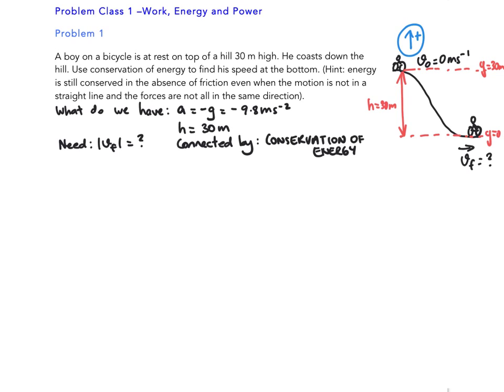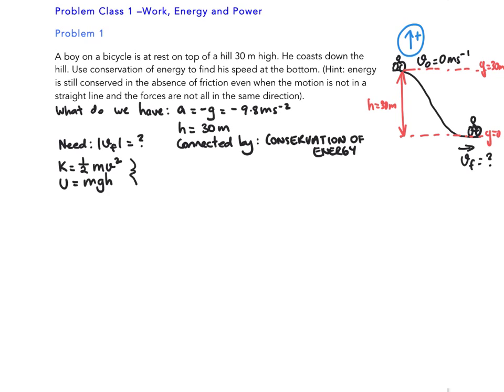Basically, the kinetic energy at the bottom is going to be equal to the potential energy at the top. We're losing potential energy to go through that height of 30 meters. That's all being converted to kinetic energy because there are no dissipative forces acting. So we can solve this now. Kinetic energy is half mv squared, and the potential energy is mgh.